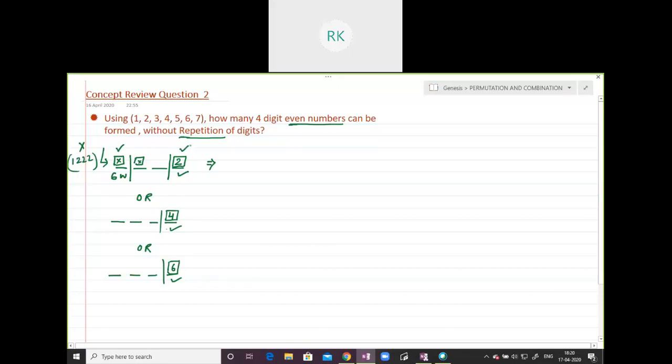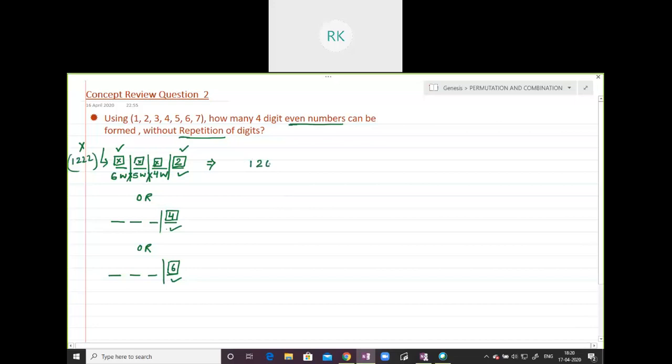How many are left altogether? Out of 7, 2 have been put up, so there are 5 digits here. Any one among 5 possibilities, and for the remaining position, any one among the remaining 4. If you look at this, we multiply, because I need all 4 digits together. 6 into 5 is 30, and 30 into 4 is 120.